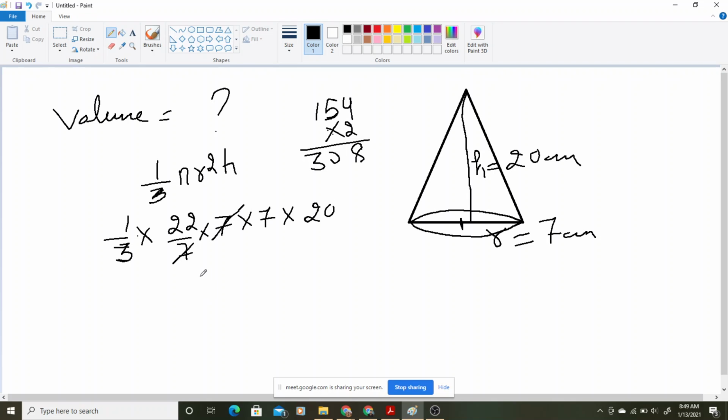So you will get 3080 divided by 3 centimeter cube.